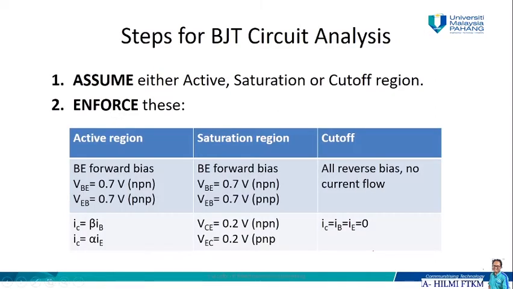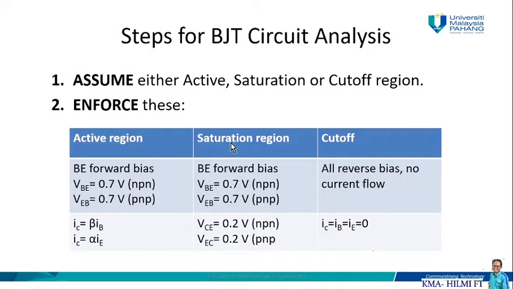So there are some steps that we have to remember in order to analyze a BJT circuit, and basically these steps are going to be the same for any kind of problems or questions. First, to analyze a BJT circuit, we need to assume.